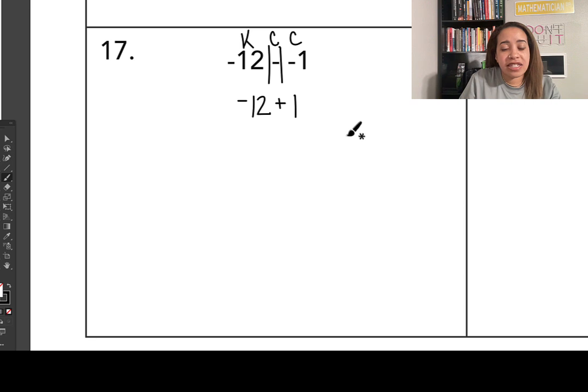So we say different signs subtract. 12 minus 1 gives us 11. To double check our final answer and figure out our sign, we can go back to our addition problem and look at our higher absolute value. We see that our number with the higher absolute value was negative, so our final answer should also be negative. Negative 12 minus negative 1 is negative 11.